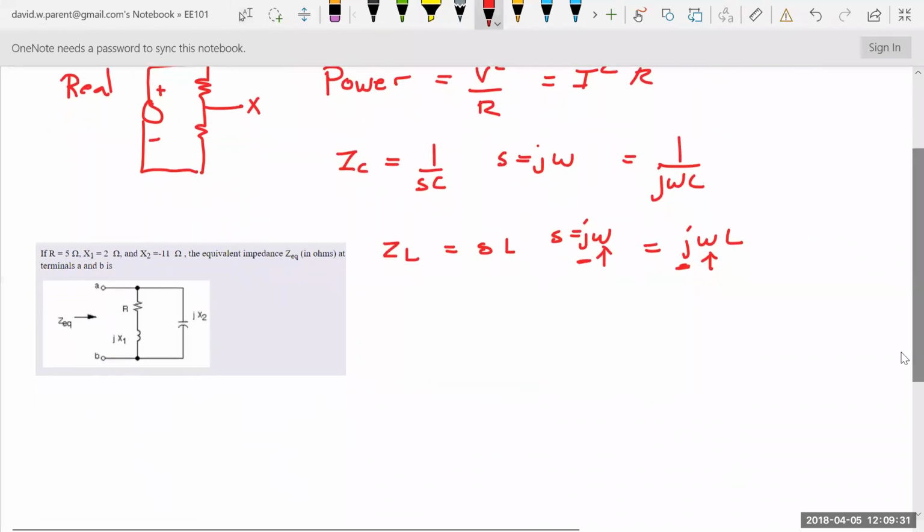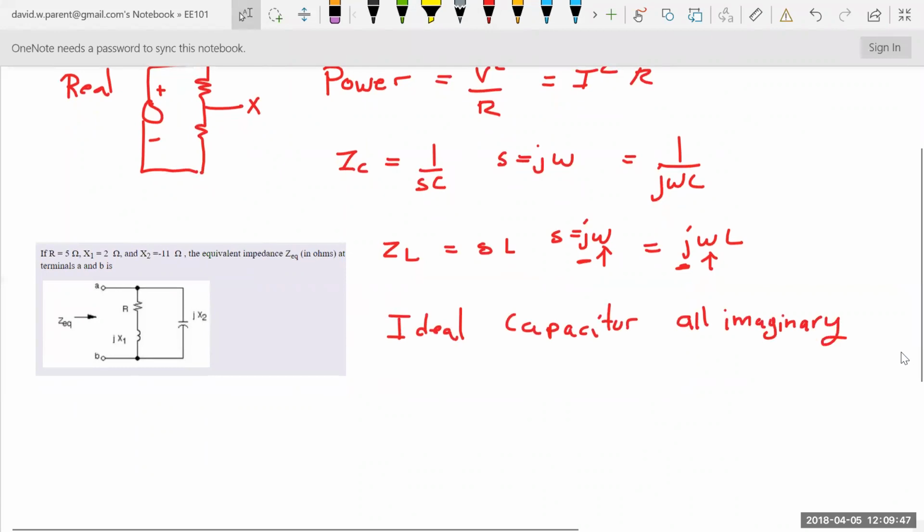An ideal capacitor, right, it's all imaginary, right? Ideal inductor, same thing, right?